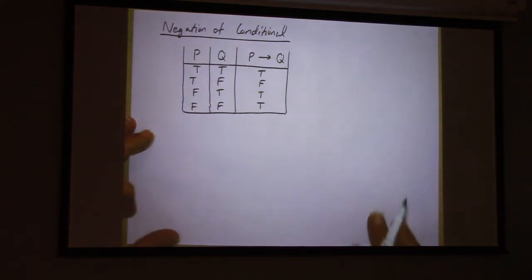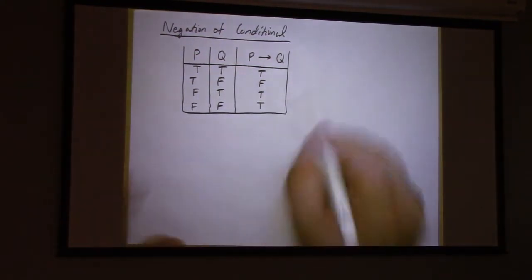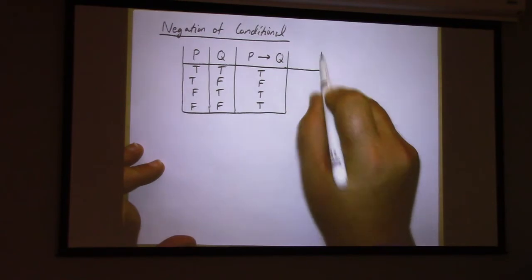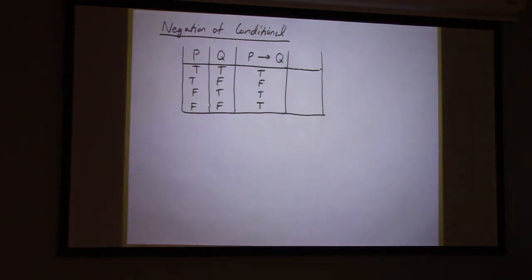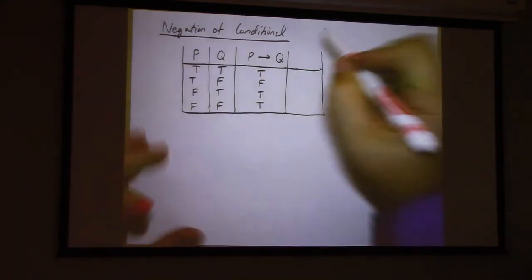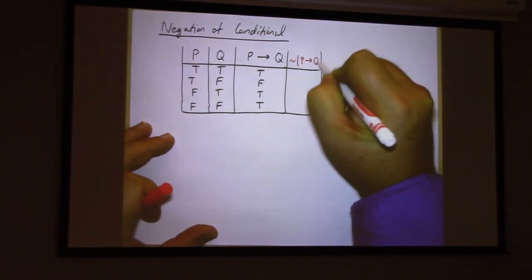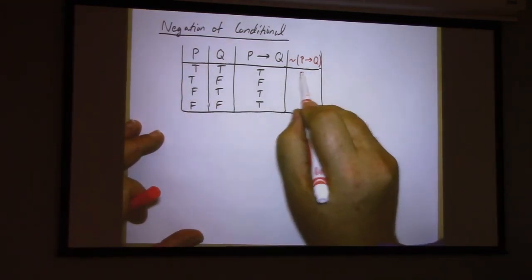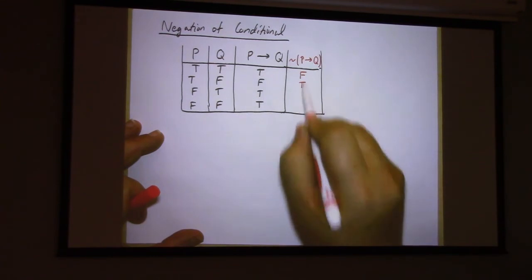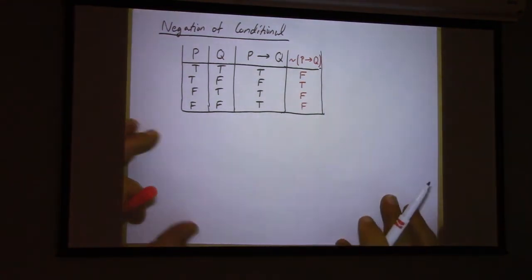If you negate the conditional, what is it? So negate P implies Q, what do we get? We get false, true, false, false. All right.